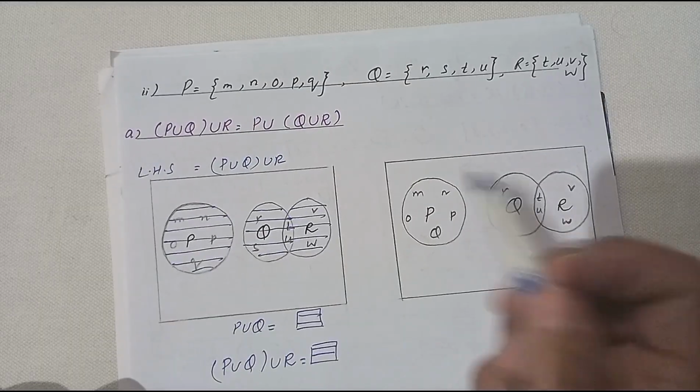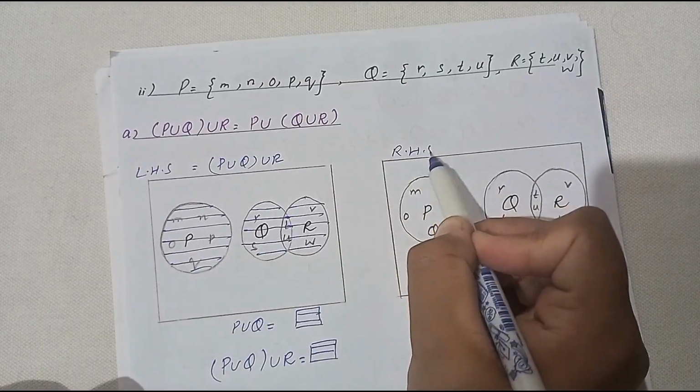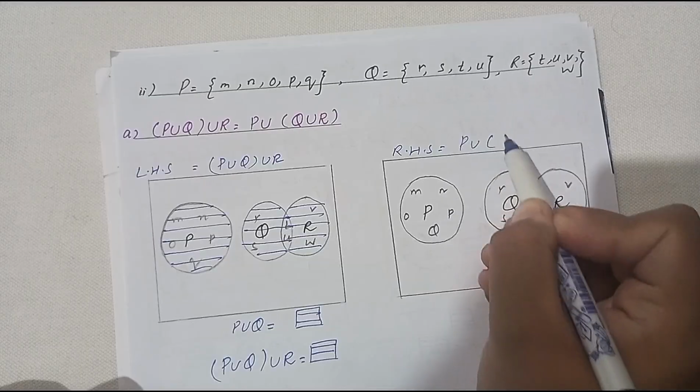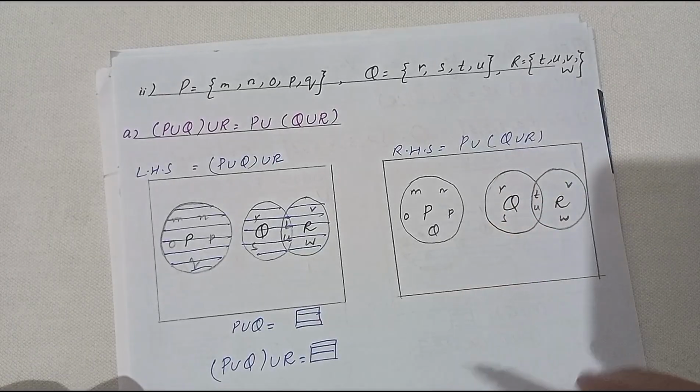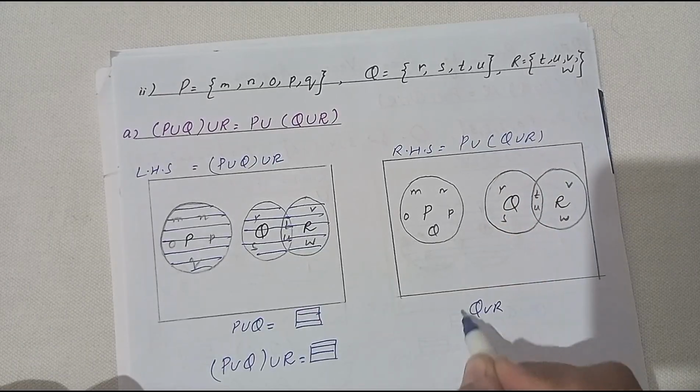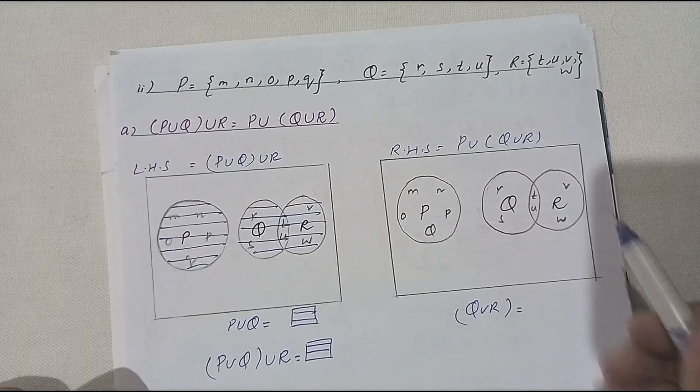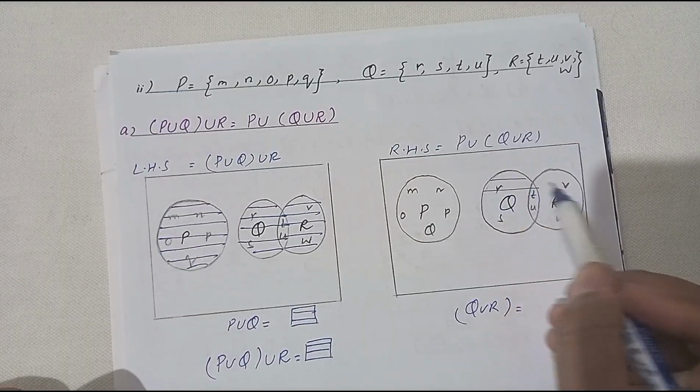Now we shade the right hand side, that equals P union Q union R. So first we shaded the Q union R part. All parts of Q and R are shaded with the horizontal lines.